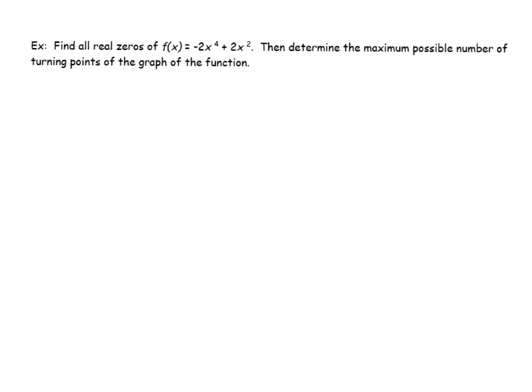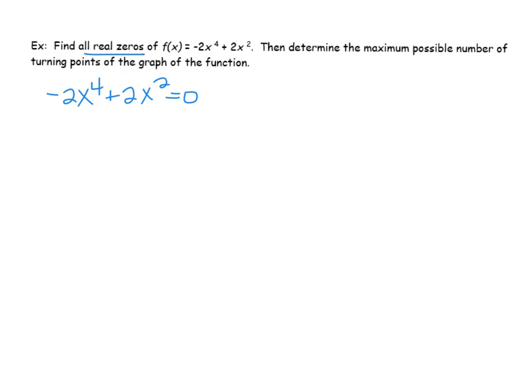Find all real zeros of f of x equals negative 2x to the 4th plus 2x squared. Then determine the maximum possible number of turning points of the graph of the function. So if we take a look at finding real zeros first, let's take our polynomial, negative 2x to the fourth plus 2x squared, and set it equal to 0.